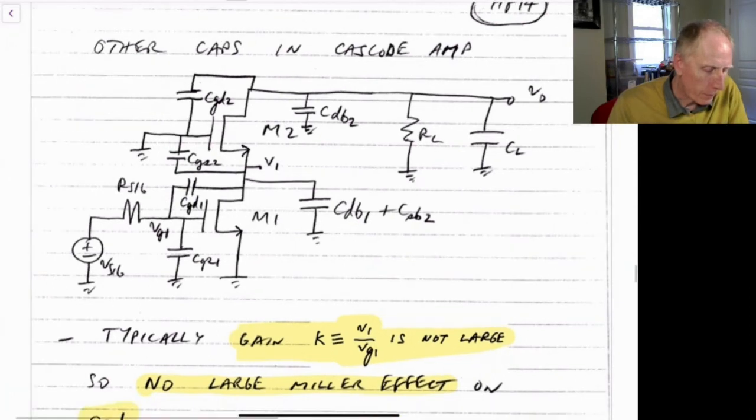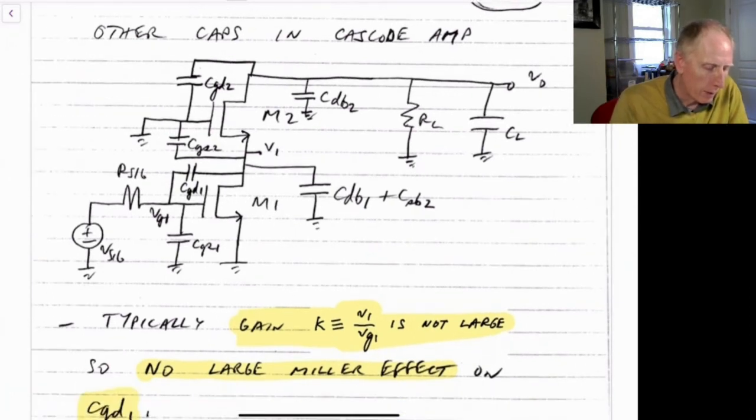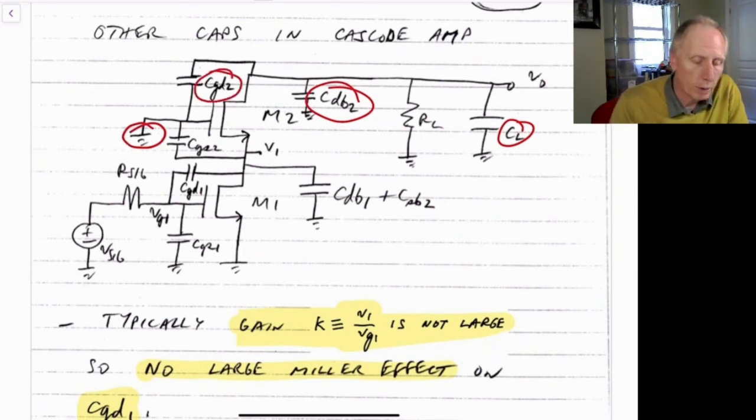Now, this looks like a lot of extra capacitors, but really it's not as bad as it seems. First off, C_L is just in parallel with C drain to bulk. Also, this is a small signal ground over here for the gate of M2, so the gate to drain of M2 is also in parallel with C_L.